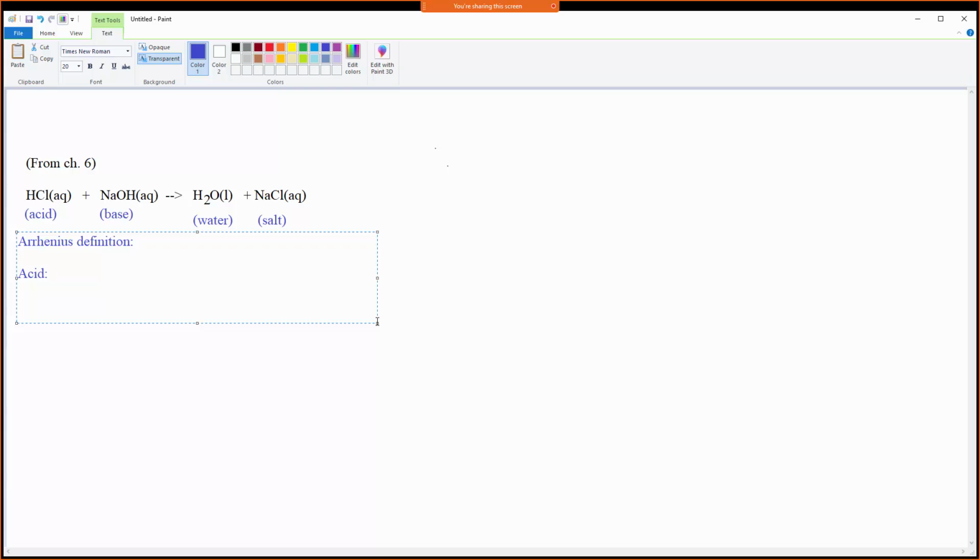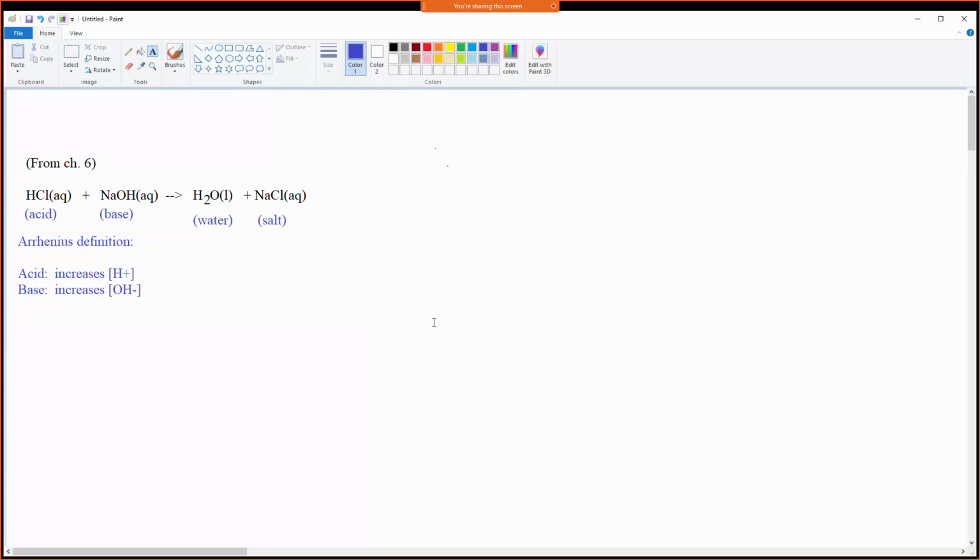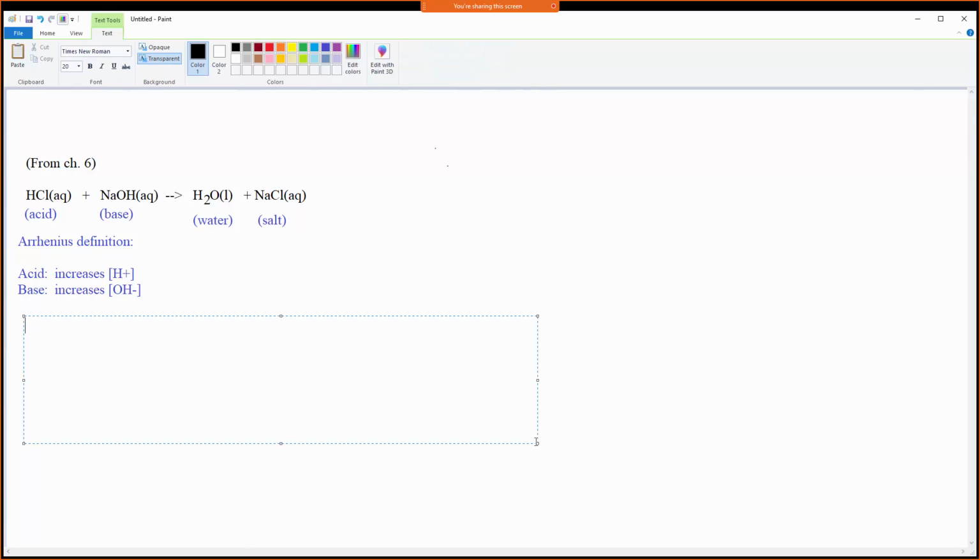The acid increases the concentration of H+ in the solution, and the base increases the concentration of OH- in solution. In this chapter, we're just going to expand upon that a little bit more.